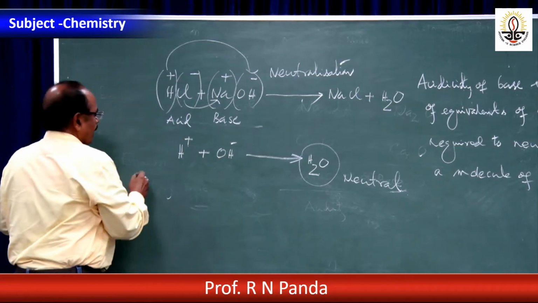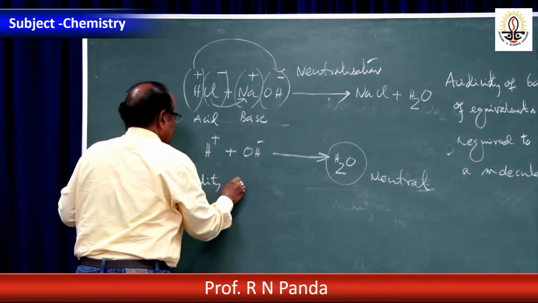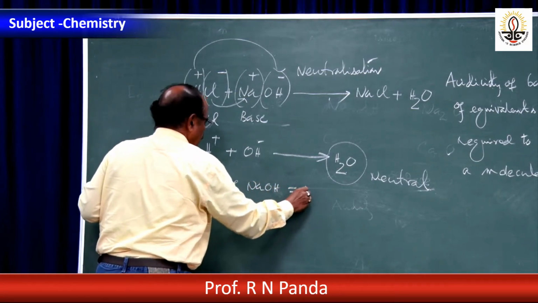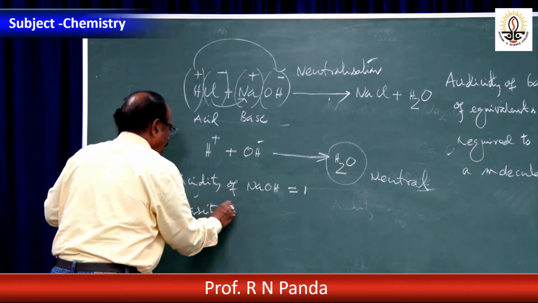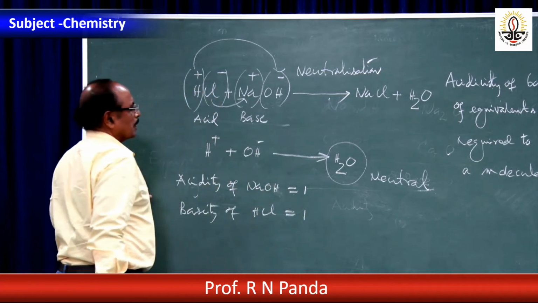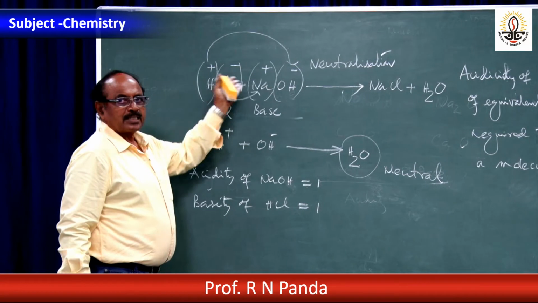So the acidity of sodium hydroxide is 1, and the basicity of HCl is 1. The acid requires one base, and the base requires one acid.